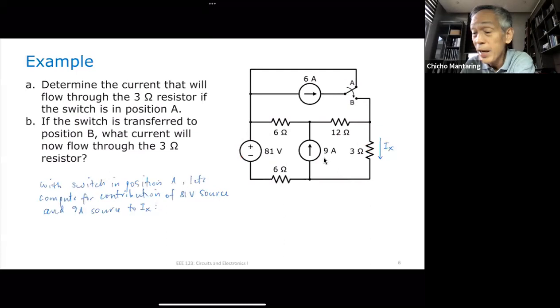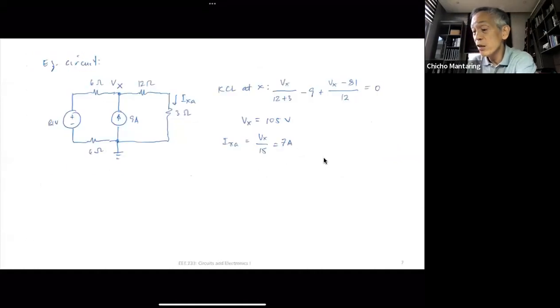So what is my equivalent circuit going to be? What I'm trying to get now is the 6 ampere source acting alone.